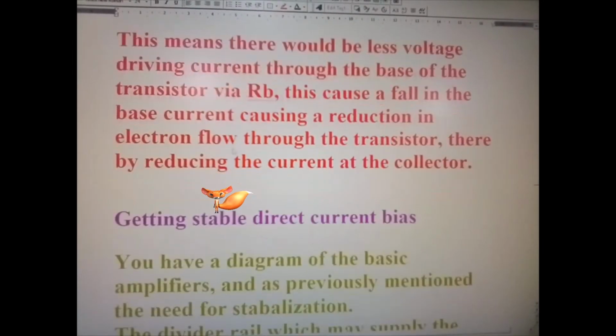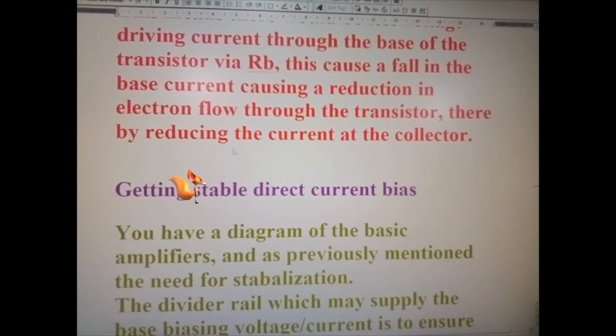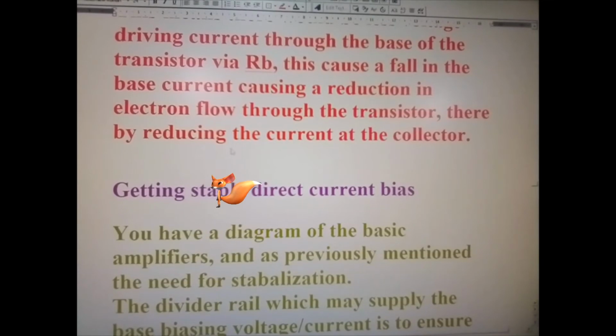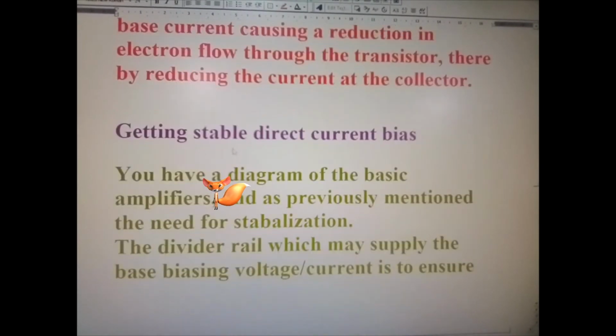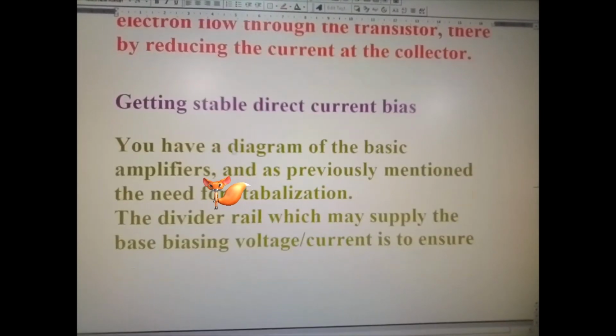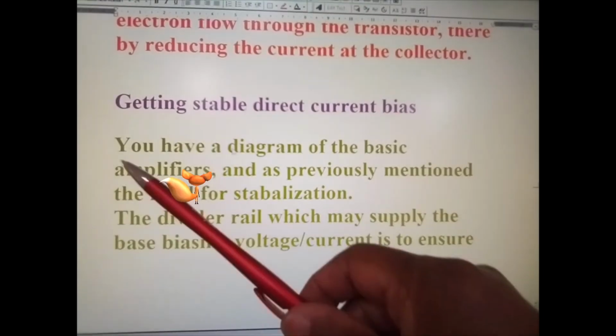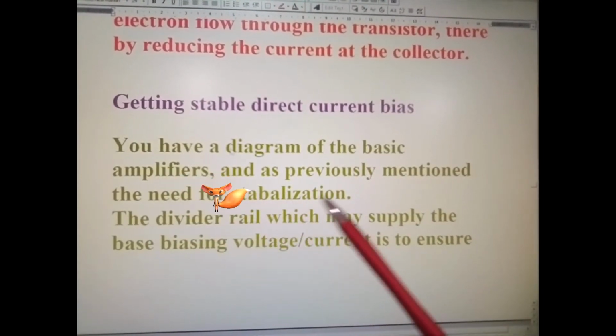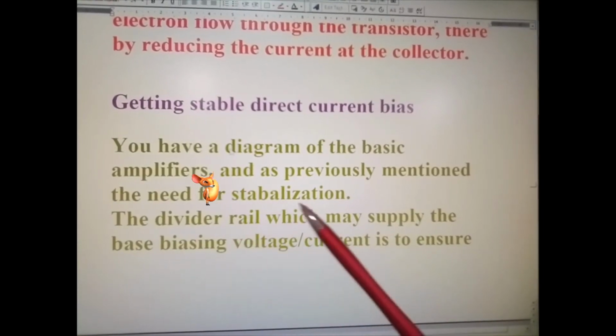Okay. Right. Getting stable direct current bias. You have a diagram of the basic amplifiers, and as previously mentioned, the need for stabilization.